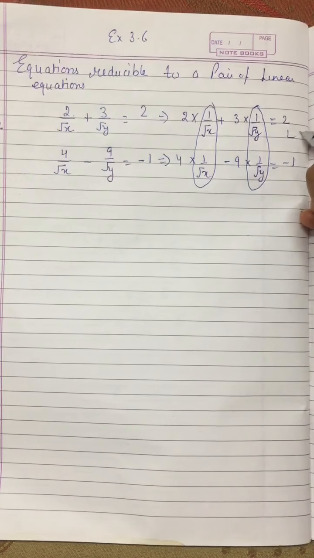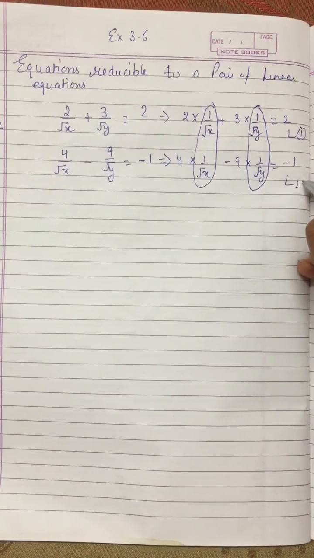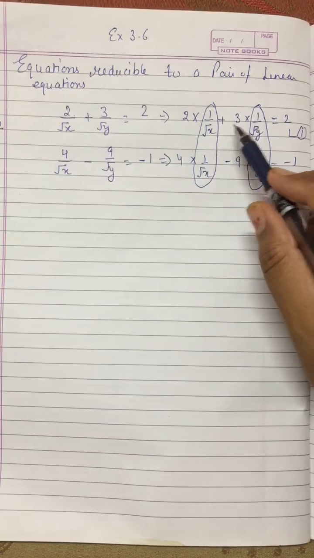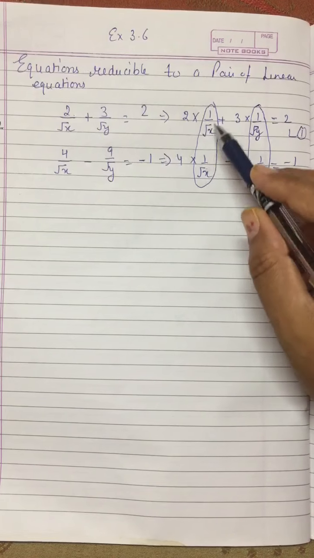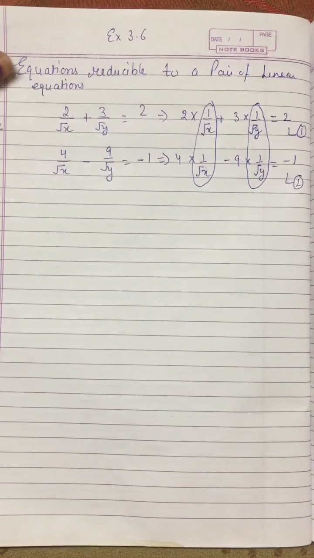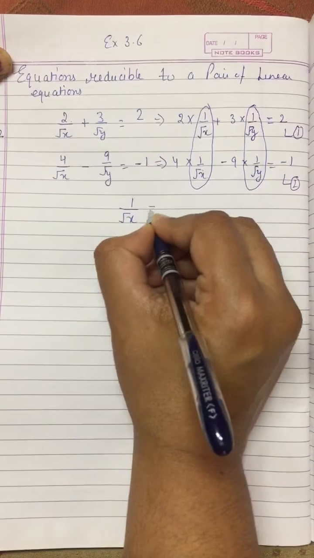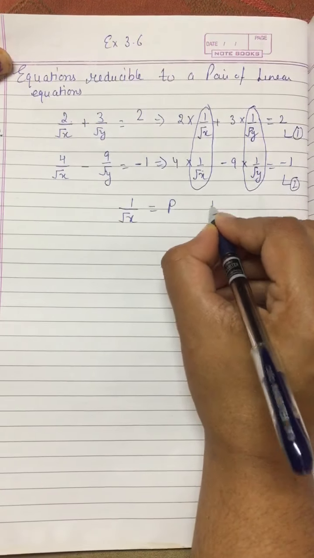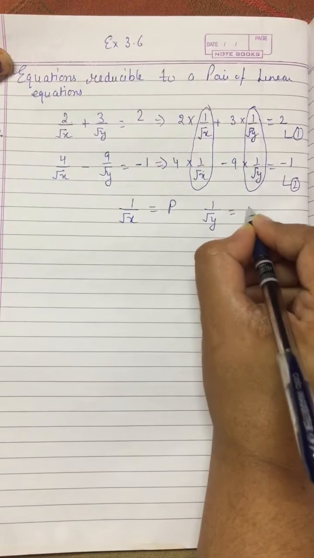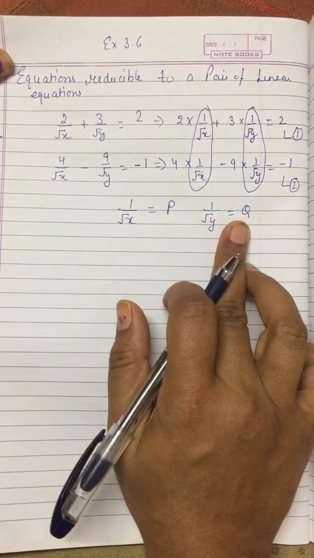I'm going to call this equation number 1 and this number 2. I will make it linear by putting a suitable substitution. Put 1 over root x as p, and 1 over root y as q. This is the suitable substitution.